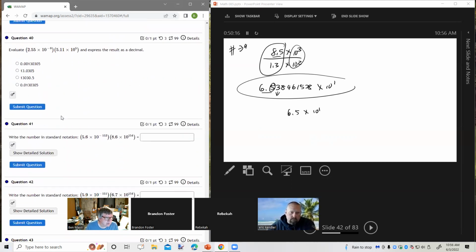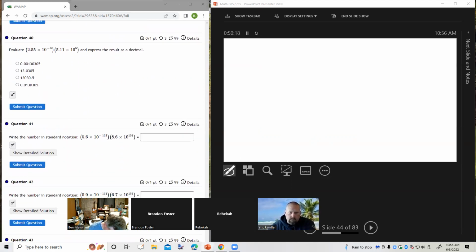And here comes number 40. Evaluate 2.55 times 10 to the negative 8 power times 5.11 times 10 to the 5th power. Says express the result as a decimal.